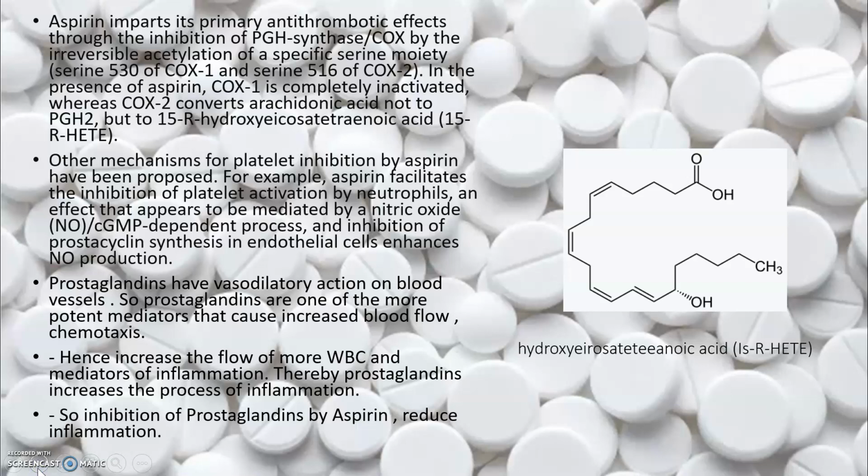And here we get to where aspirin imparts its primary antithrombotic effects through the inhibition of PGH synthase, COX, by the irreversible acetylation of a specific serine moiety. In the presence of aspirin, COX-1 is completely inactivated, whereas COX-2 converts arachidonic acid not to PGH2 but to 15R-hydroxyeicosatetraenoic acid, which is the 15R-HETE that we saw, and I have that broken down over here in this photo.